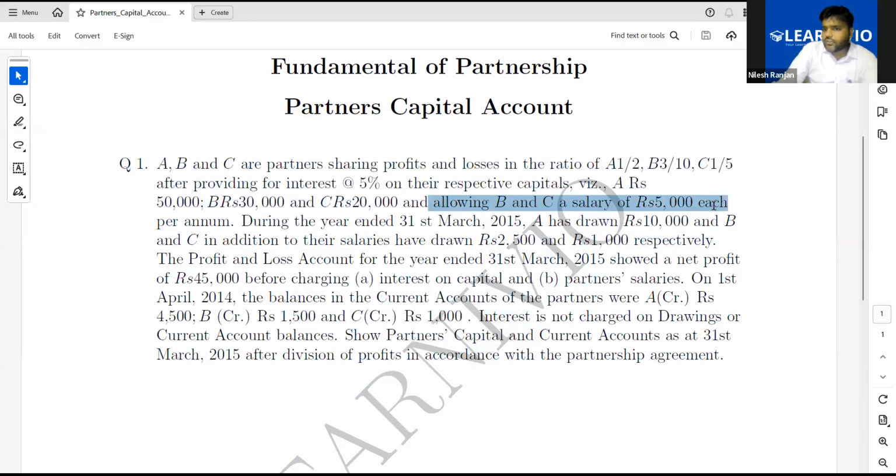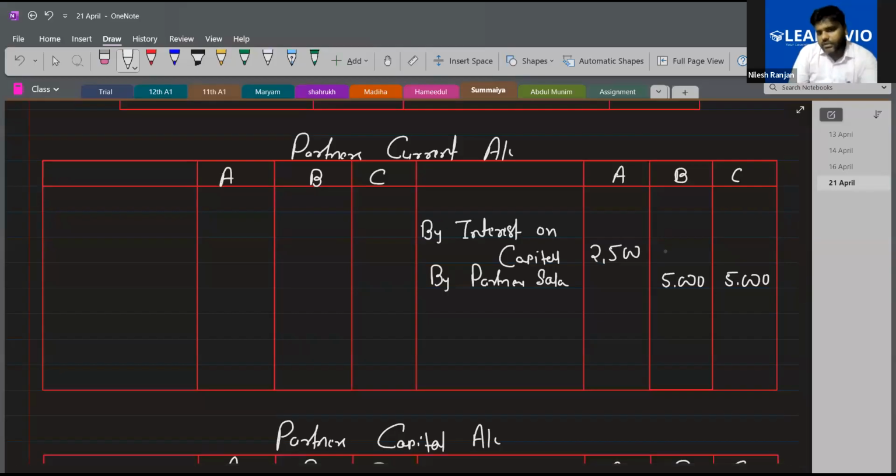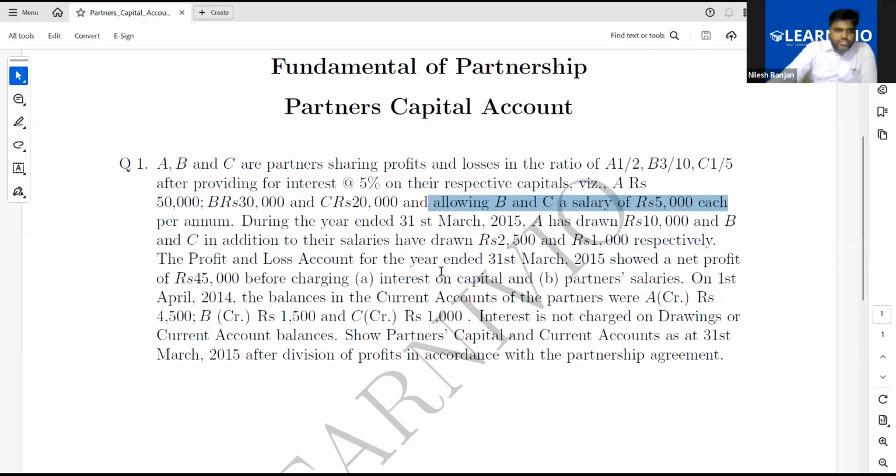Allowing B and C a salary of 5,000 each per annum. You don't have to calculate it. Okay. So 5,000, then 2,500 for A, 1,500 for B and for C. This is their interest on capital. We have done two adjustments.